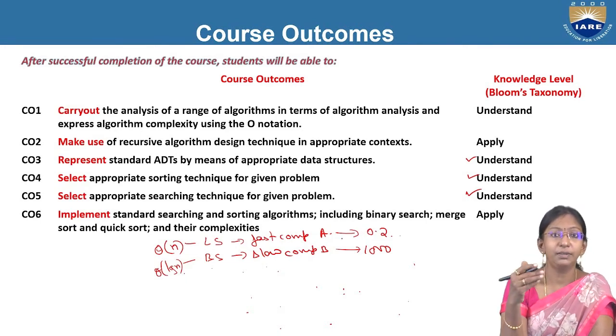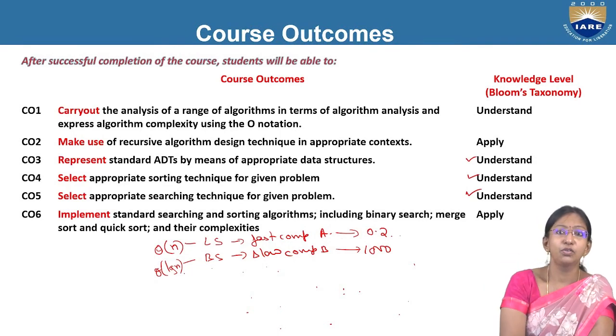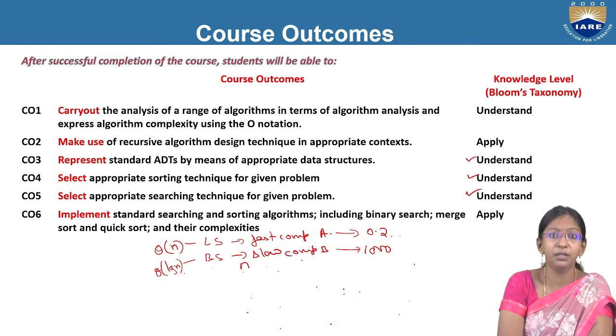The complexity always depends upon what kind of input you give, right? So let me take a graph on the same. That is the number of input elements you are going to give as input, that is input size. How your linear search and how your binary search are going to work.